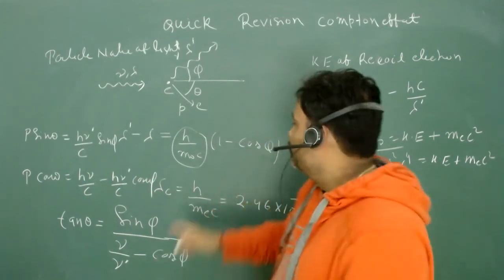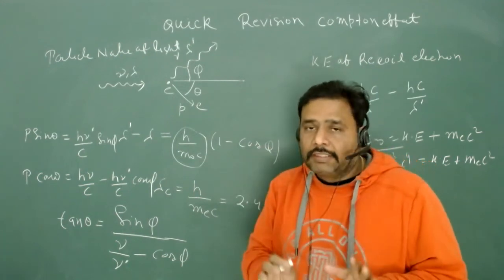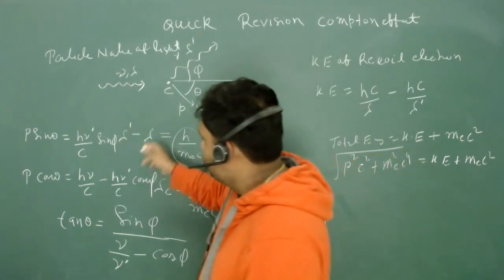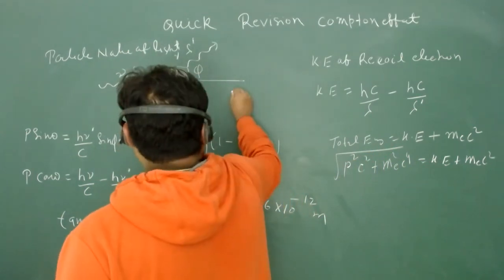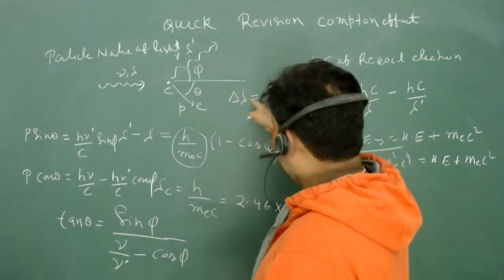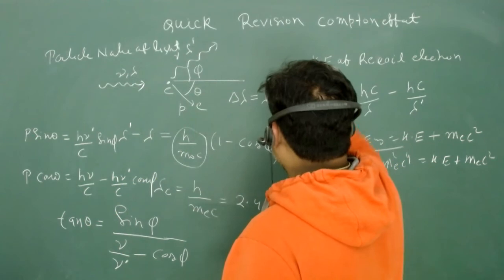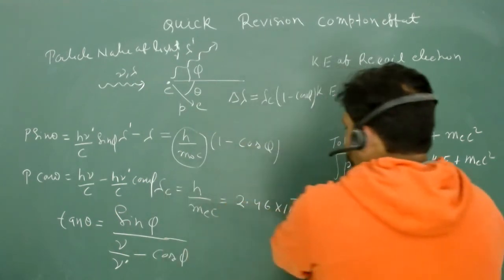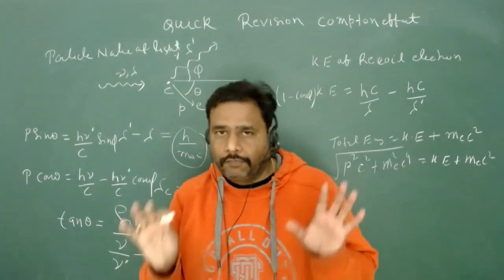It only depends on the scattering angle phi. So this is very important. This is just a change in wavelength, so you can write delta lambda is equal to lambda c into (1 minus cos phi), where lambda c for the electron is this particular number. So this is all about quick revision of Compton effect.